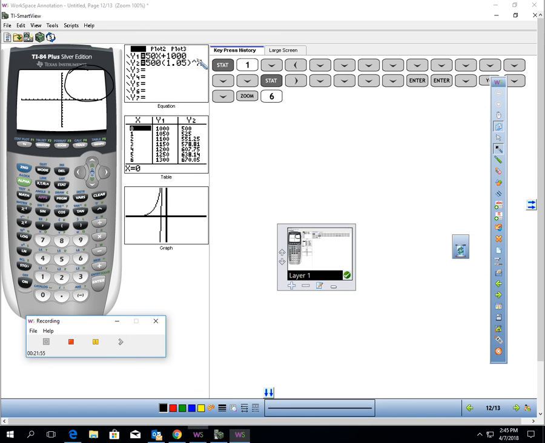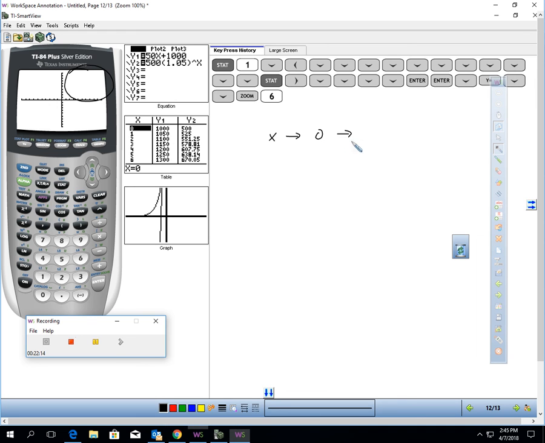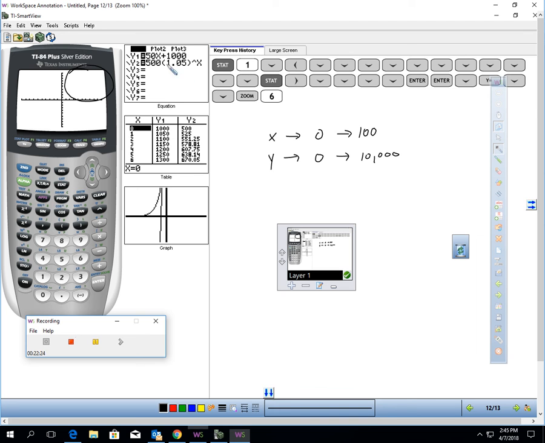So I'm going to set my x domain to go from 0 to 100. And my y domain will go from 0 to 10,000, because with these towns, I don't know how many years it's going to take. We're having 1,000 in one town, 500 in the other. So I'm going to set my window to go from 0 to 100 for x, 0 to 10,000 for y.